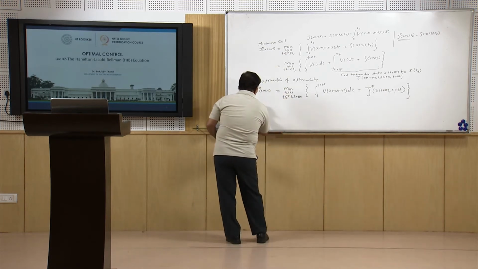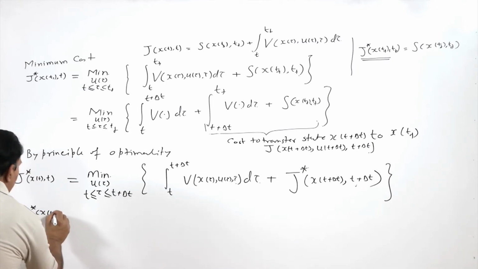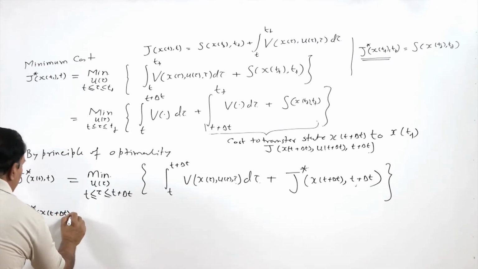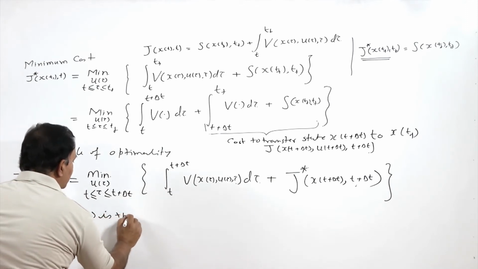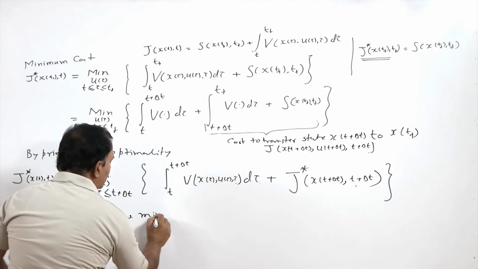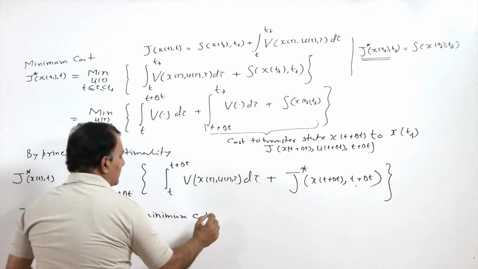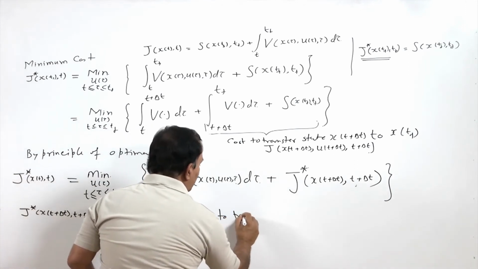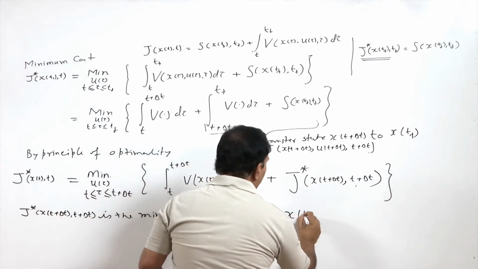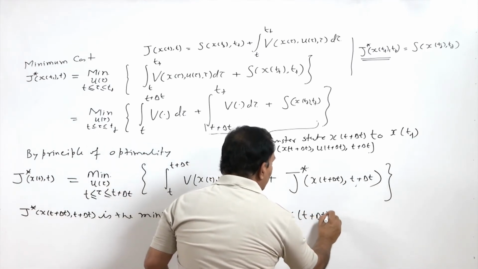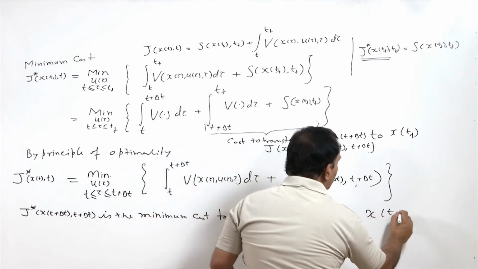So, we can say J star of x(t + Δt), t + Δt is the minimum cost to transfer x from t plus Δt to x of t_f.